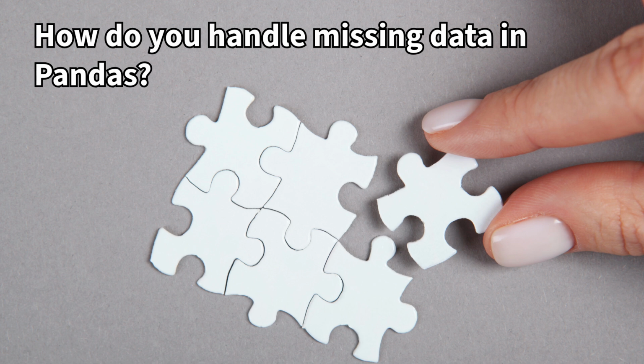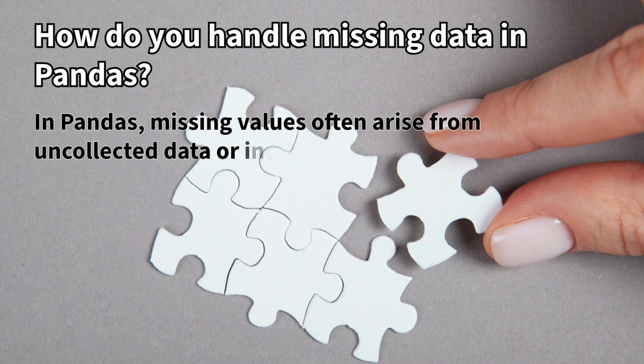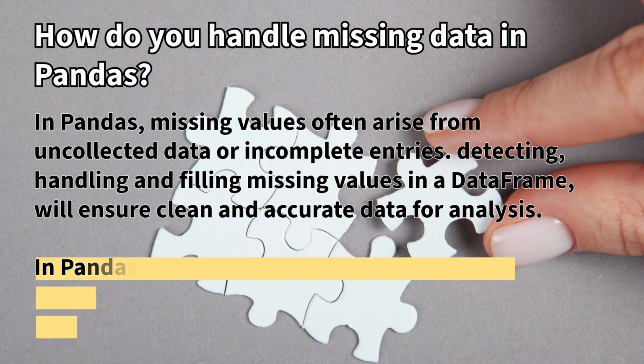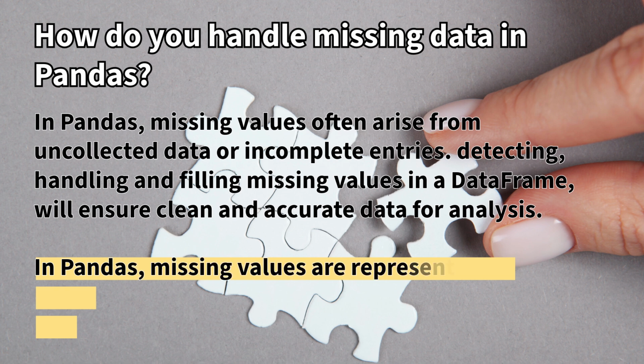How do you handle missing values in data using pandas? In pandas, missing values often arise from uncollected data or incomplete entries. Detecting, handling, and filling missing values in a data frame will ensure clean and accurate data for analysis. In pandas, missing values are often represented as None or NaN.